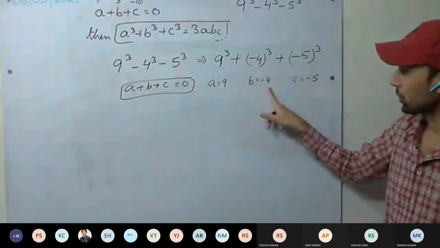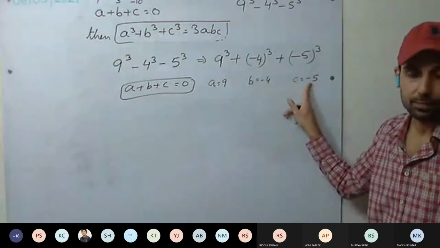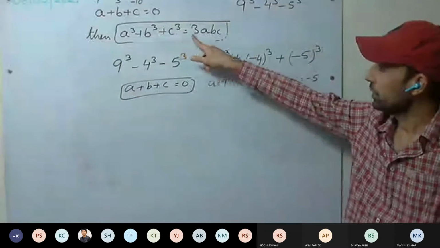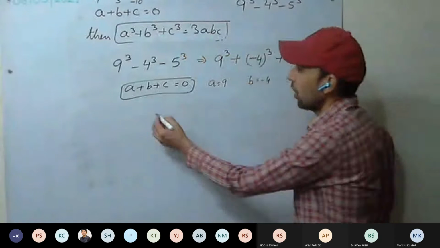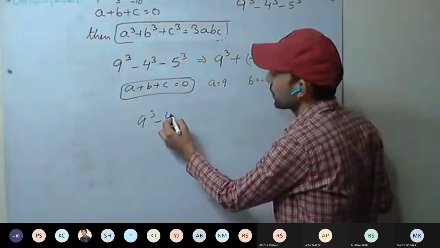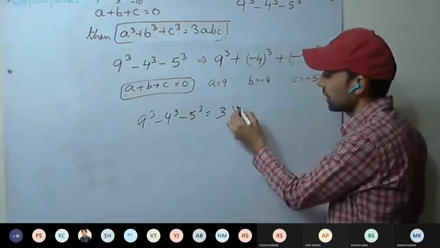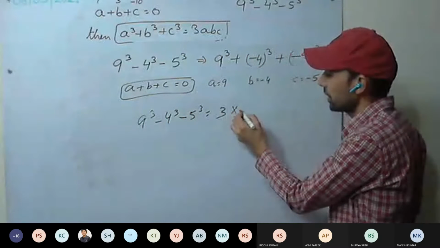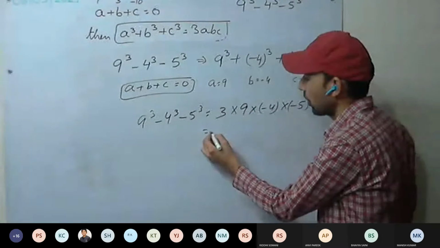So this condition holds true for these values of a, b and c. Therefore, we can use this equation. So what is the value of 9 cube minus 4 cube minus 5 cube? It is 3 into 9 into minus 4 into minus 5. How much have you got?